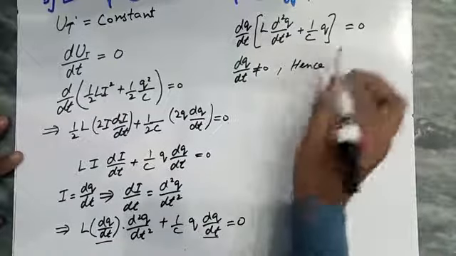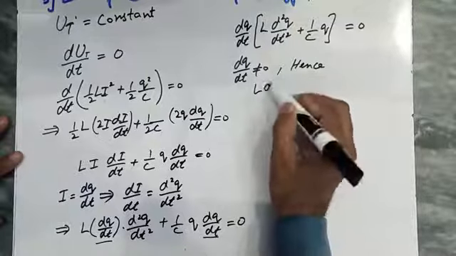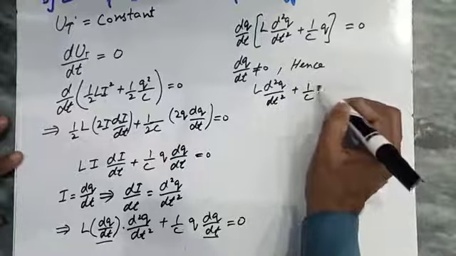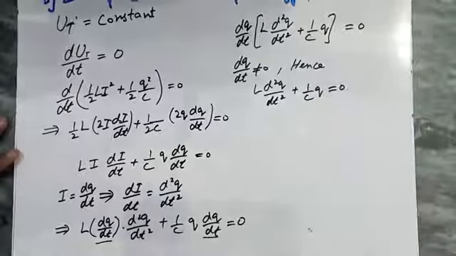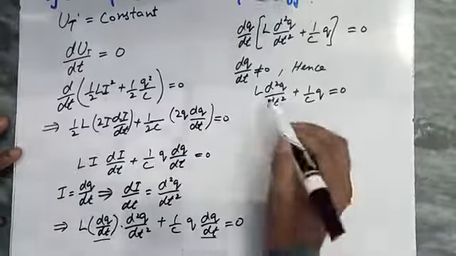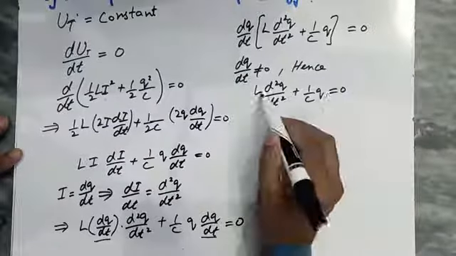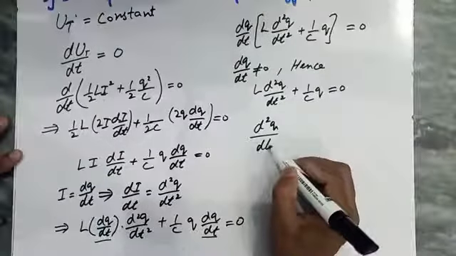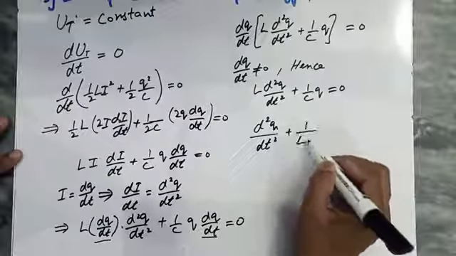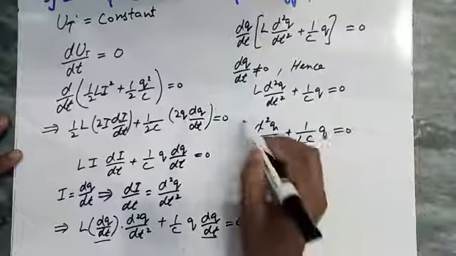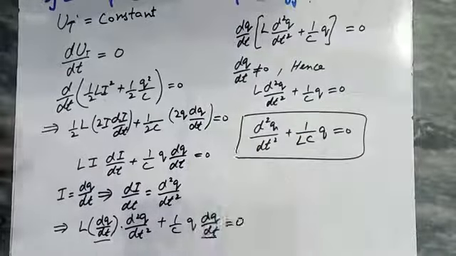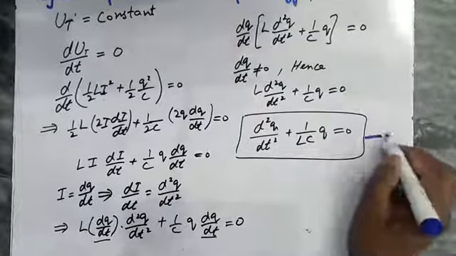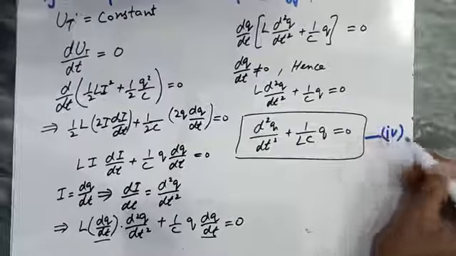Hence this term is equal to 0, that is L d square Q over dt square plus 1 over C Q is equal to 0. And dividing both sides by L, I get d square Q over dt square plus 1 over LC Q is equal to 0. This is second order differential equation. I name it as equation number 4.